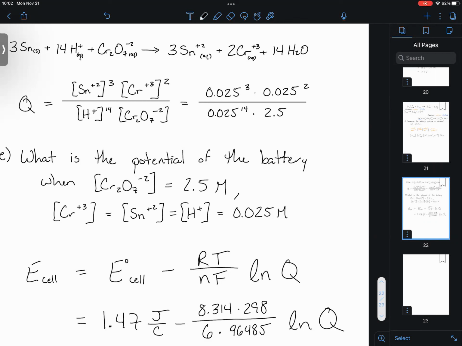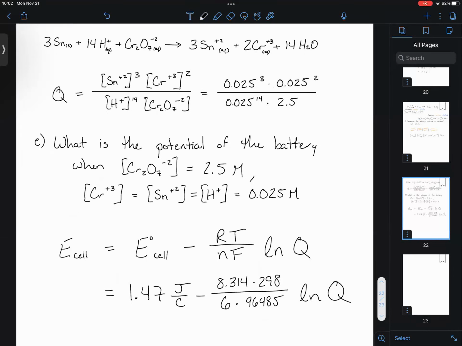Okay, so equals... All right, so we get a large value for Q.